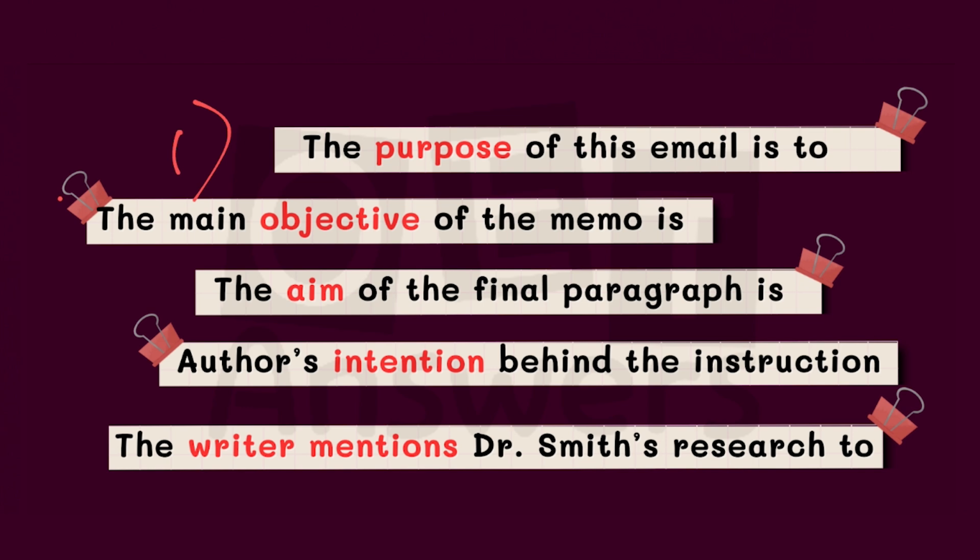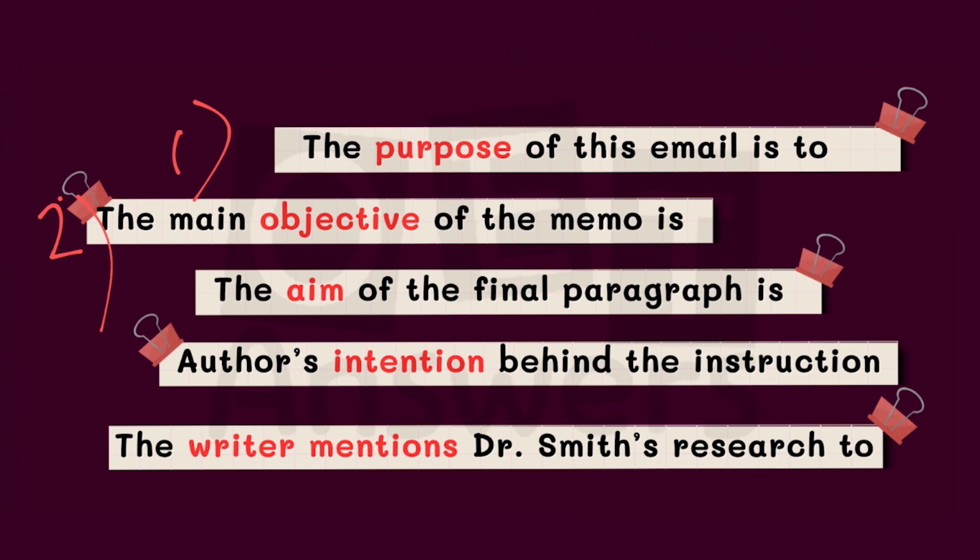Okay, now coming to the second question, the main objective of the memo. So the purpose and objective, we cannot say they have a similar meaning. Still, based on the situation or the questions, we can consider this as similar. What is the objective of the memo? Means if they give any paragraph or memo or manual or email, they ask you to find the objective.